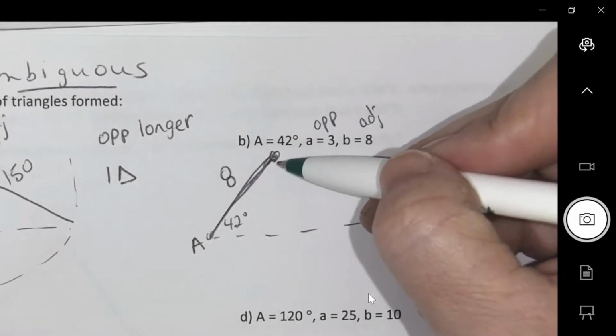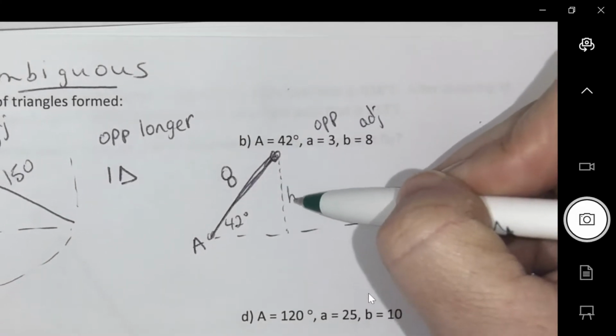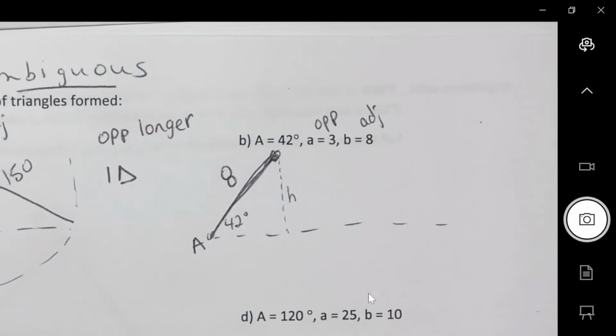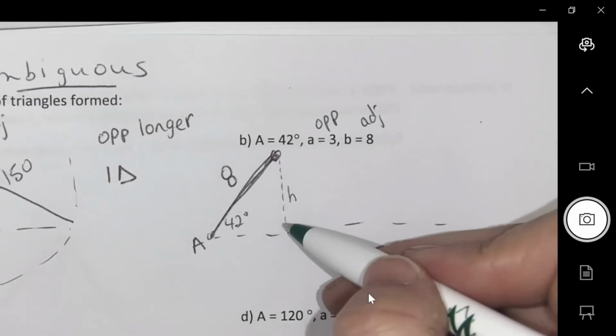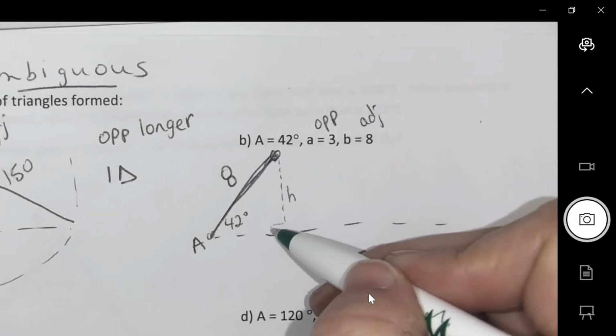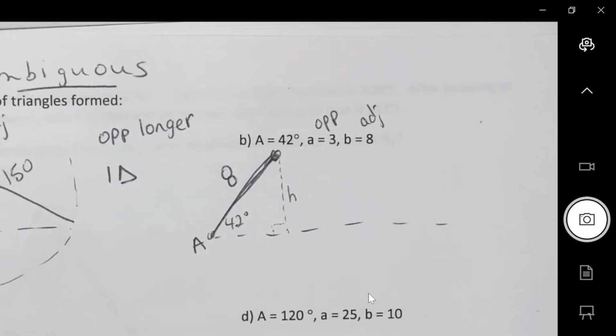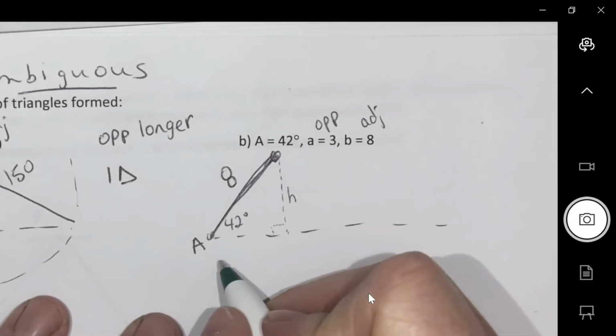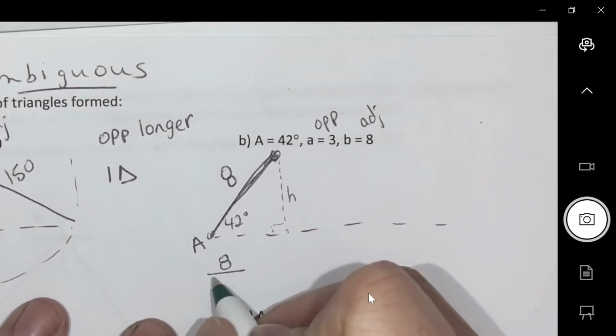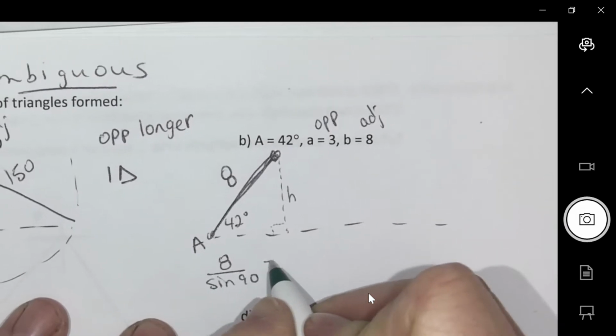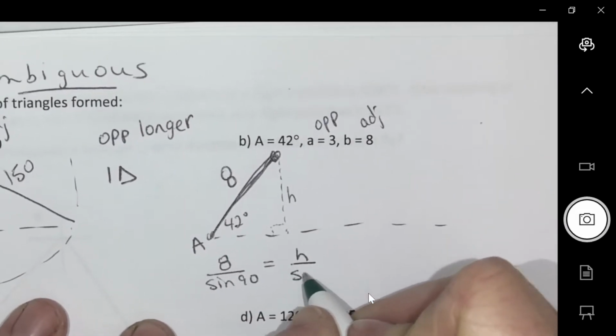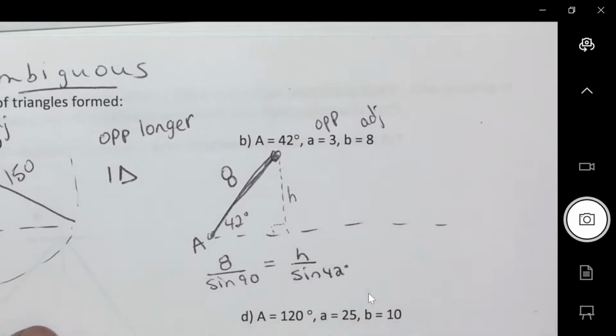Okay, so first of all, let's get the height, because I have this question on the exam where you have to get the height. By the way, a height is something that's straight up and down, which means a 90-degree angle. Okay, so 8 over sine 90 equals height over sine 42.